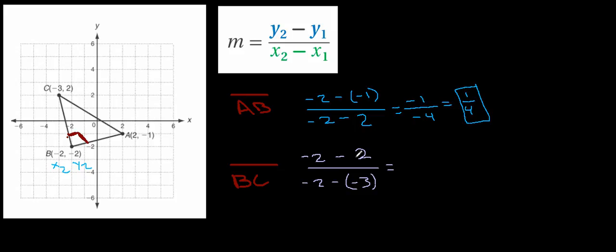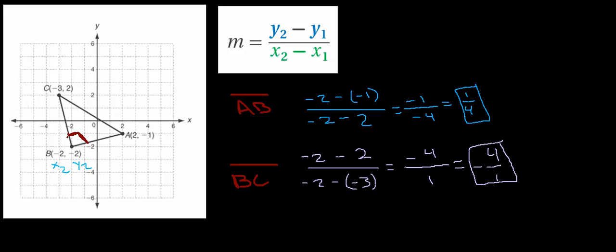Let's move on to the other: -2 minus 2 gives me -4, and -2 minus -3 is really -2 plus 3, which gives me +1. So that's -4 over 1. Right now I see that one of these two slopes is the reciprocal of the other, but with a negative value in front of it. So it's the opposite reciprocal of 1/4 here.